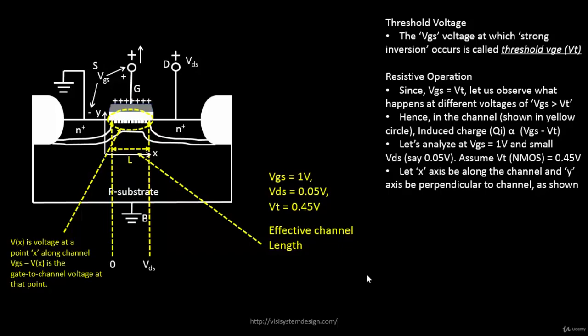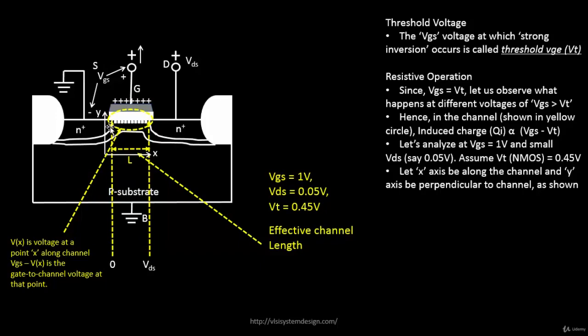Now, for example, you had applied VGS. In the absence of VDS, every point on the channel had VGS voltage, but with the application of VDS, every point on the channel will have a voltage of VGS minus Vx. Why so? Because V of x at this point is 0, V of x at this point is VDS, and V of x at every point lies somewhere between 0 and VDS.